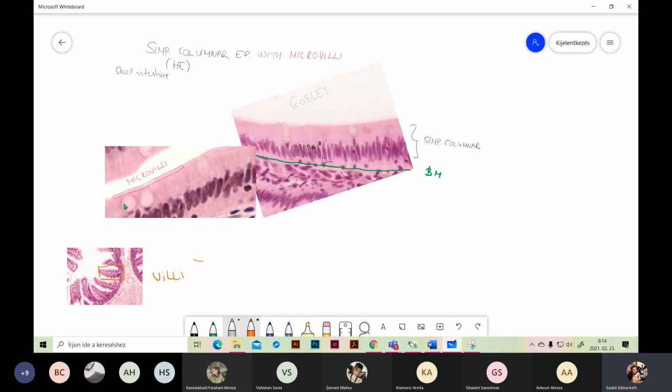For example, another goblet cell here. Goblet cells, based on their shape, have a triangular shaped nucleus. What you see here is a triangular shaped nucleus of the goblet cell.